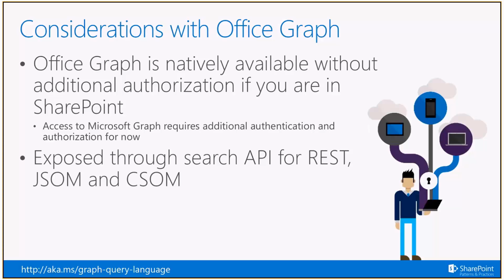Then we have the one unified API which rules them all, which is the Microsoft Graph. That's a slightly different perspective. Microsoft Graph is one endpoint which is secured using Azure AD, so you need to authenticate against Azure AD.